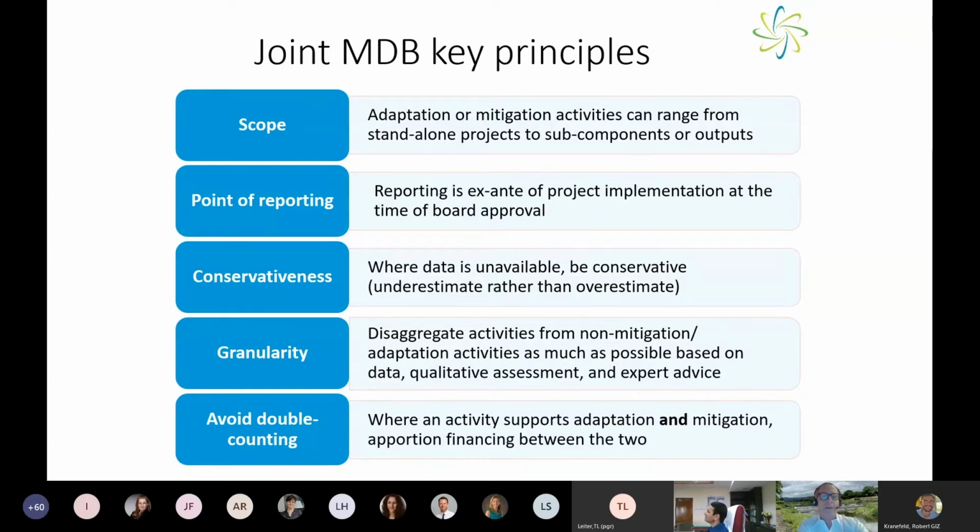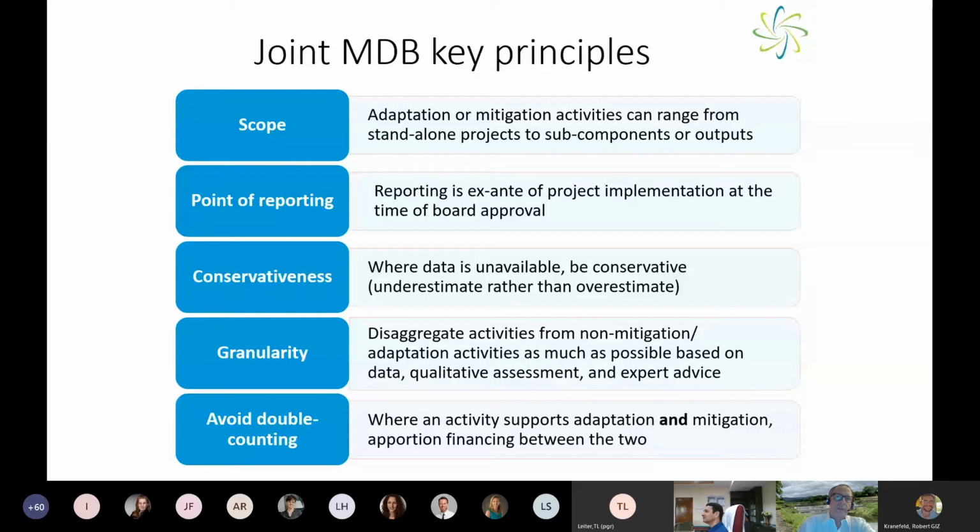The scope, when we do a project, adaptation and mitigation activities can range from standalone projects to components in projects. We have many projects that are multi-sectoral with many different components, so it's a matter of picking out the bits that would contribute to an indicator for climate change.